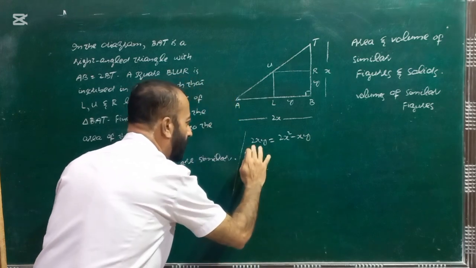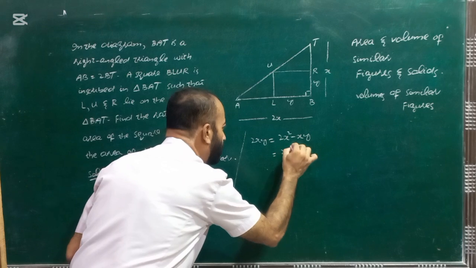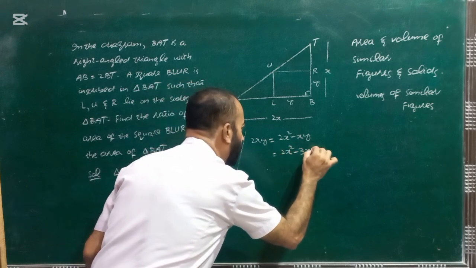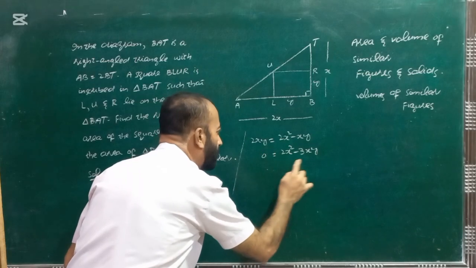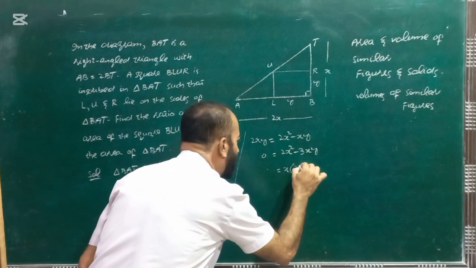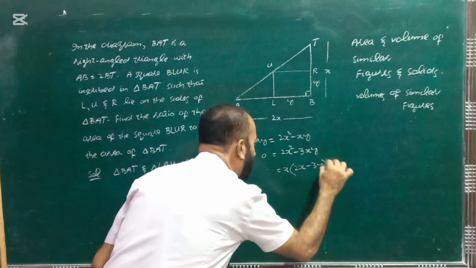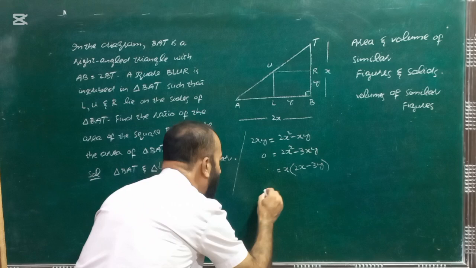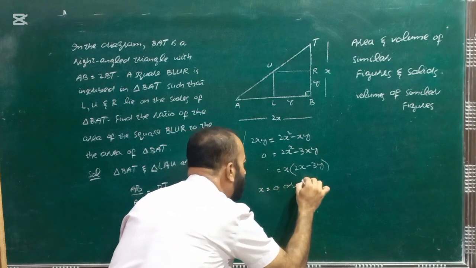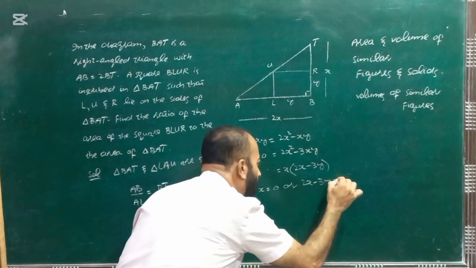Okay, this value will be sent to the right hand side. So 2x square minus 3xy will be equal to 0. Taking x common, inside the bracket will be left 2x minus 3y. Okay, from here x will be equal to 0 or 2x minus 3y will be equal to 0.